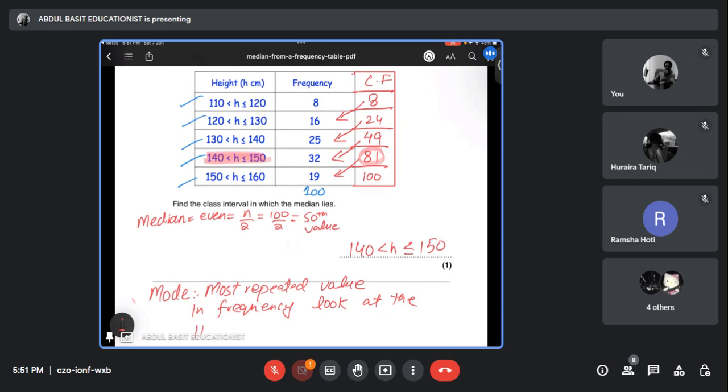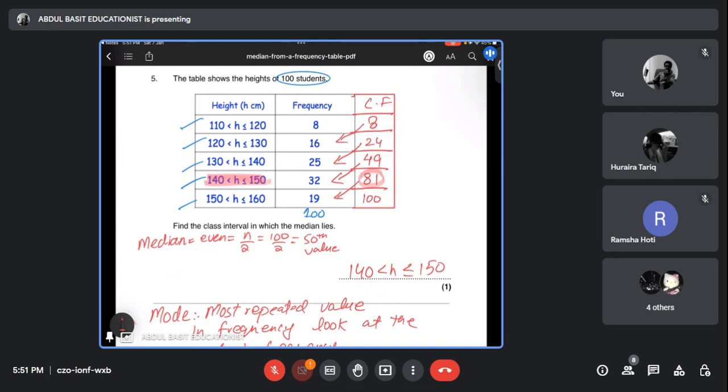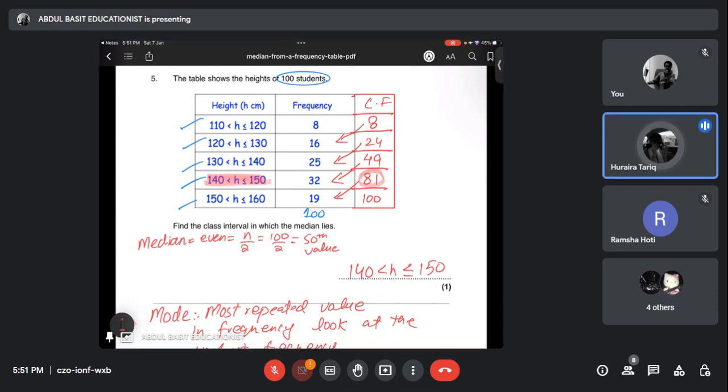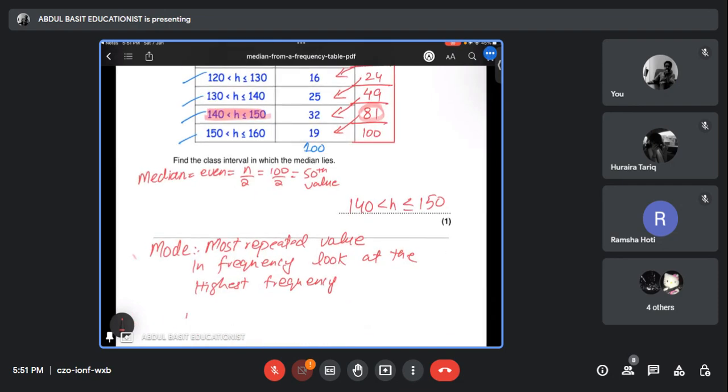Look at the frequency table. Which class has the highest frequency? 32. Very good. And 32 is that the height is greater than 140 and less than equals to 150. Same as median, right? Yes or no? Yes, sir. So the modal class is also one height is greater than 140 but less than or equals to 150.